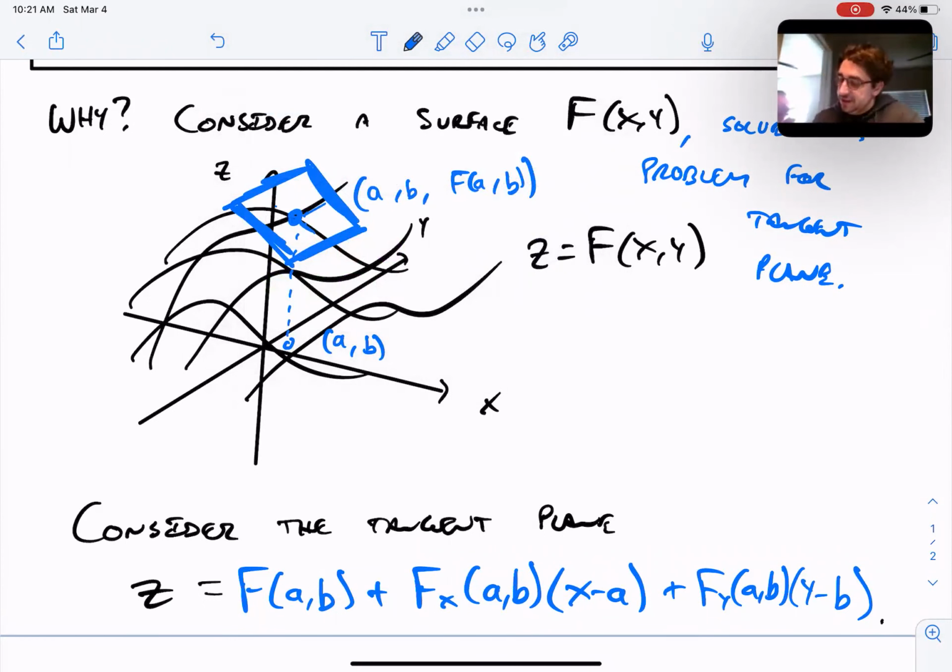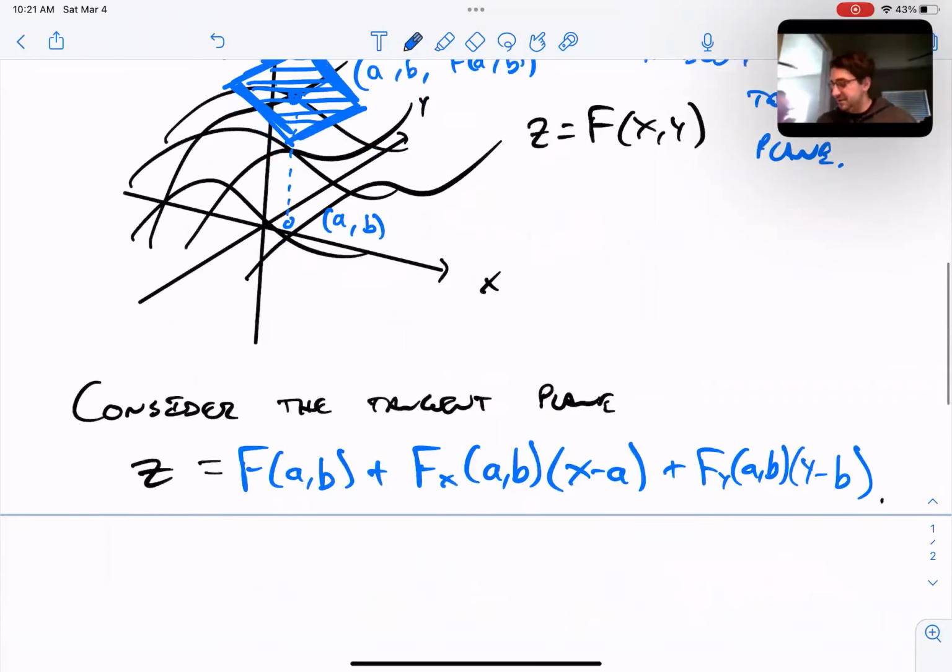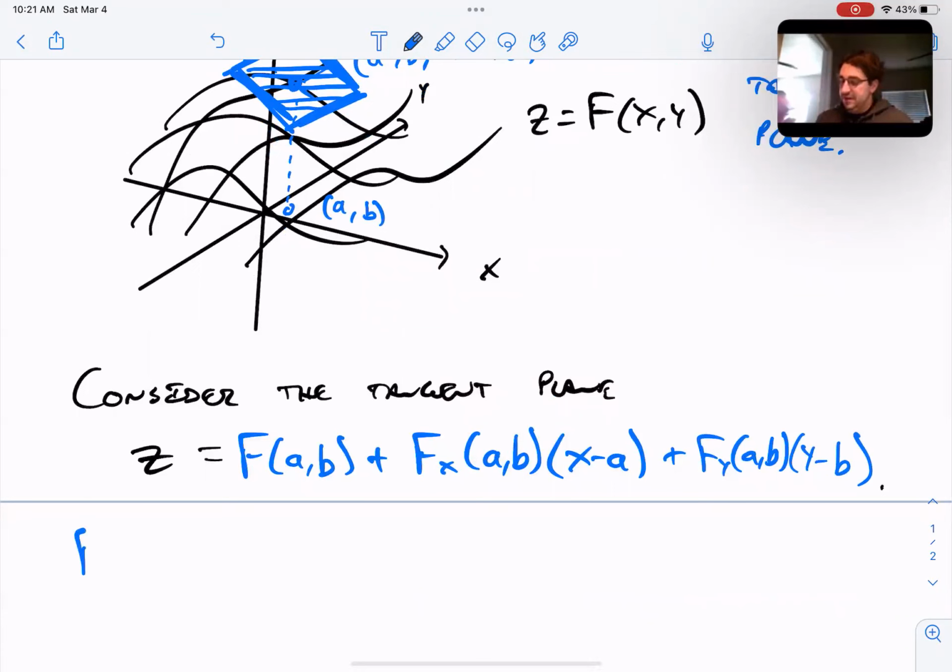So let's do that. I want to find the level curves for this tangent plane. Z equals, Z equals, Z equals, right? So let's find the level curves, right?